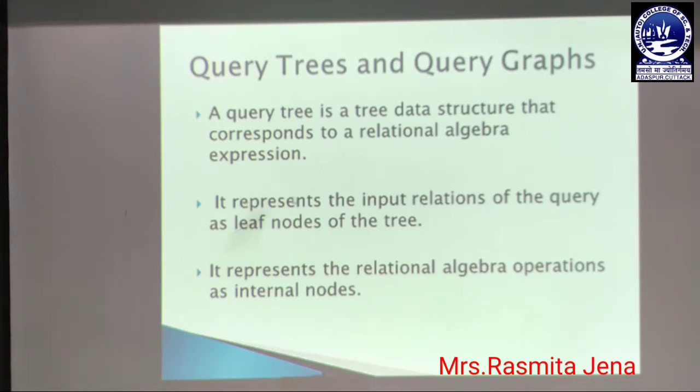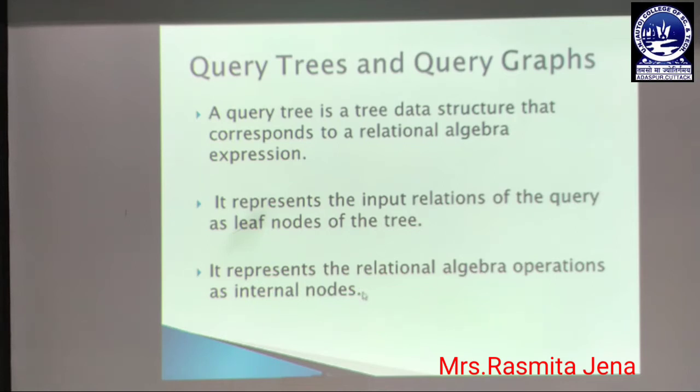It represents the input relations of the query as the leaf nodes. That means those relations that are used as the input relations for that particular relational expression are represented as the leaf nodes of the query tree. This is the first step. Then in the second step, it represents the relational algebra operations as the internal nodes.